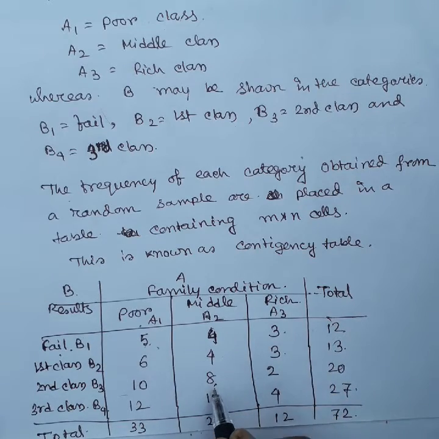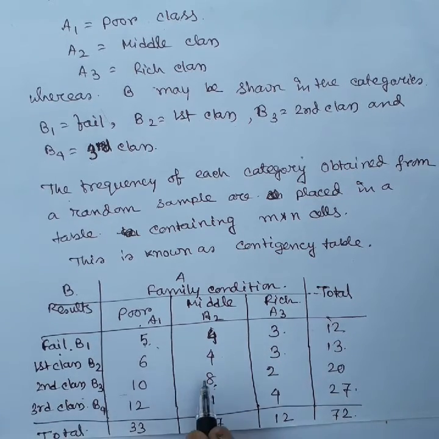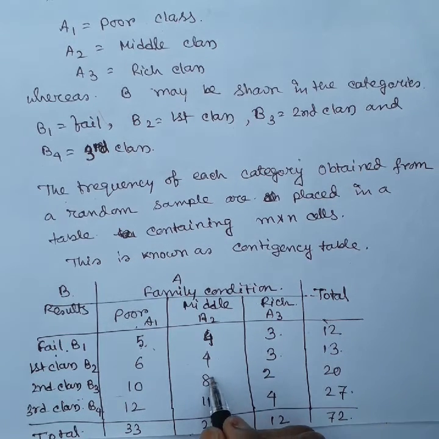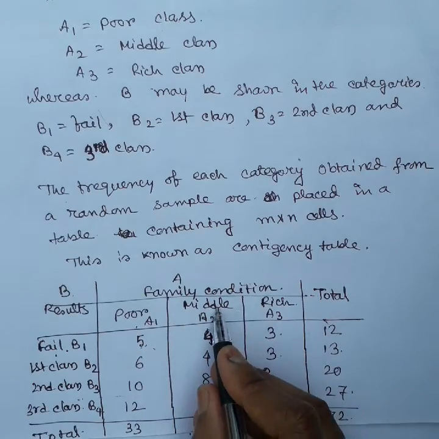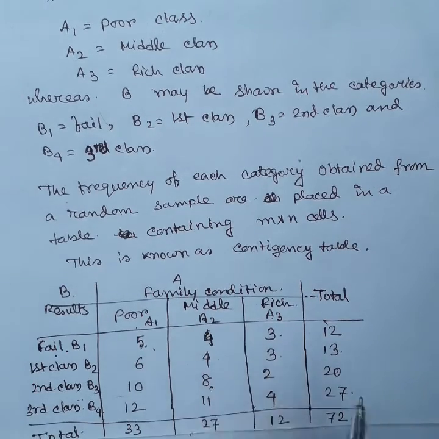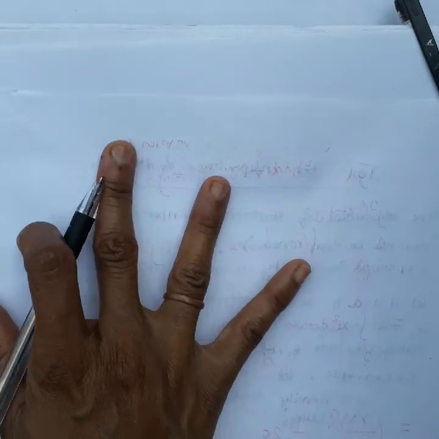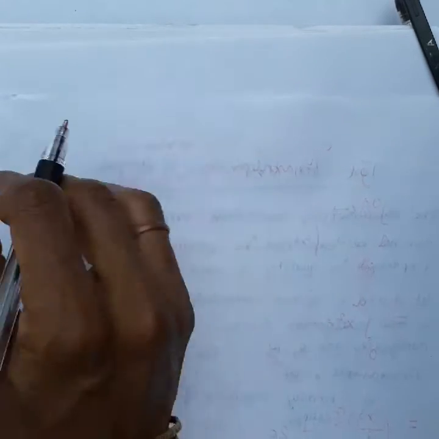That means the number of students who got second class from the middle family condition is equal to 8. Clear? So now we test the chi-square distribution.